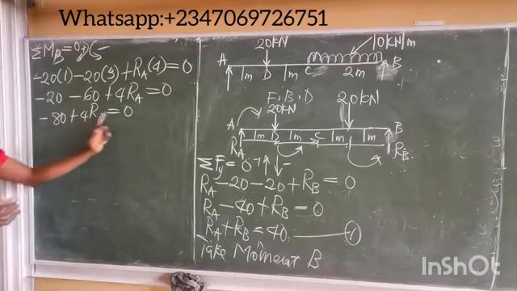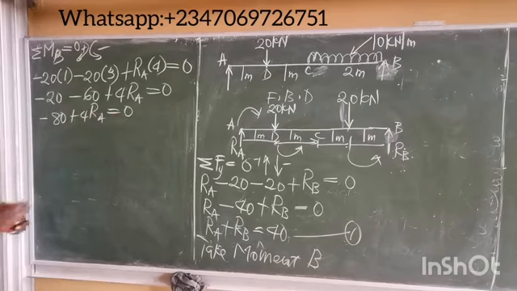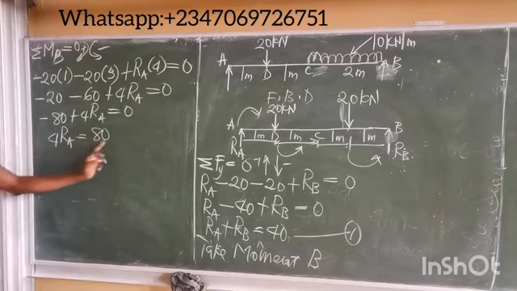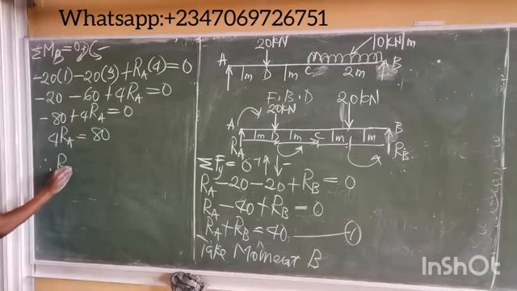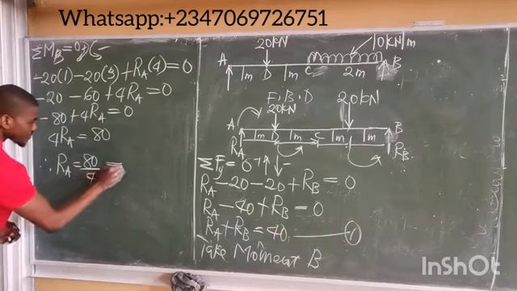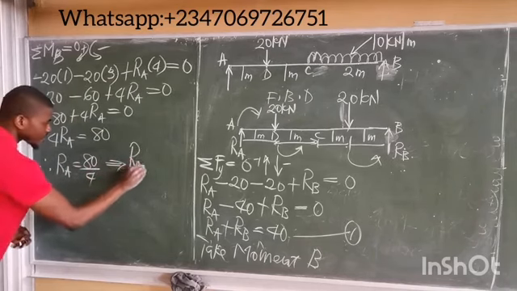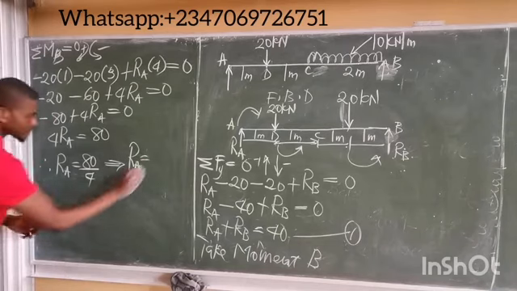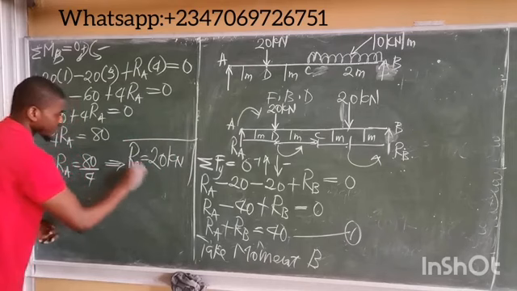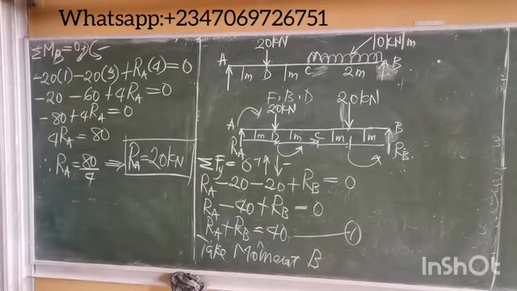Negative sign crosses an equal to sign simply gives us positive. We are simply going to have 4RA equals 80. So to make RA the subject, we simply divide both sides by 4. Therefore, the reaction at point A is simply 80 over 4. This simply implies that RA is actually 20 kilonewtons. So this gives us the reaction at point A.